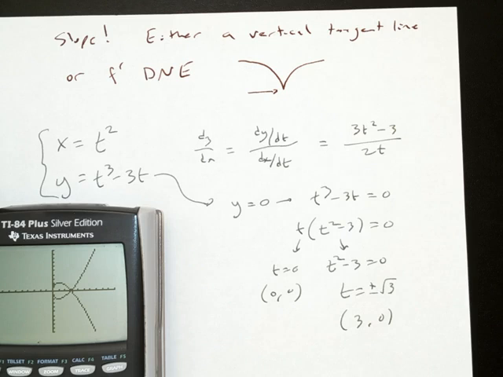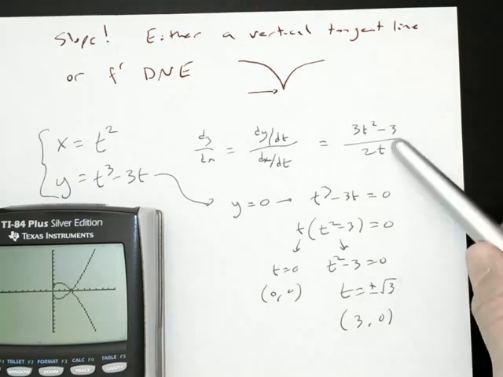When I hit positive square root of 3, going this way, out from left to right, instead of from right to left, I should expect a positive slope. There we go. And you can find those slopes, because you can take these two numbers and plug them in here.